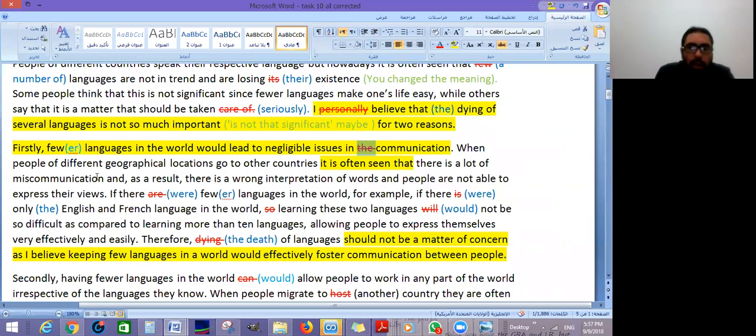Okay, so here we have, firstly, fewer languages would lead to negligible issues in communication. So here we're saying insignificant issues in communication. Now, I highlighted that because usually the first sentence in a body paragraph is what we call a topic sentence, and this kind of sums up the ideas within the body paragraph.